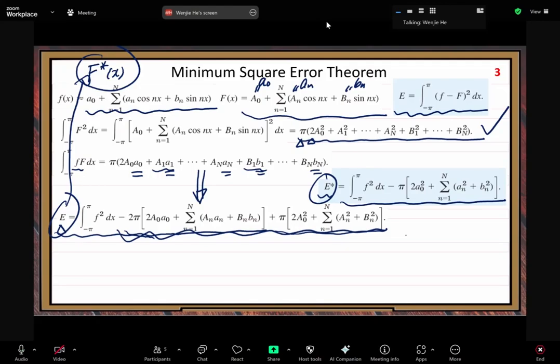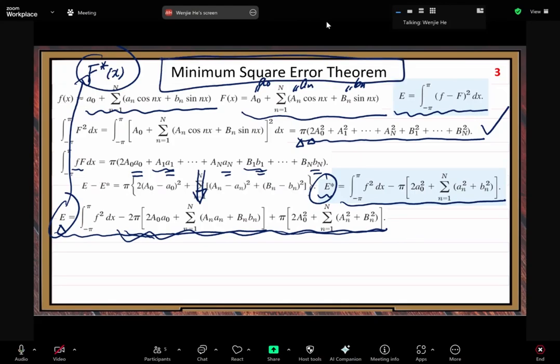The next question, how can we see this E star gives us the smallest possible error E? This special E star gives us the smallest possible error, capital E. Next, we need to see that. That's this theorem. This is an important theorem, the minimum square error theorem.